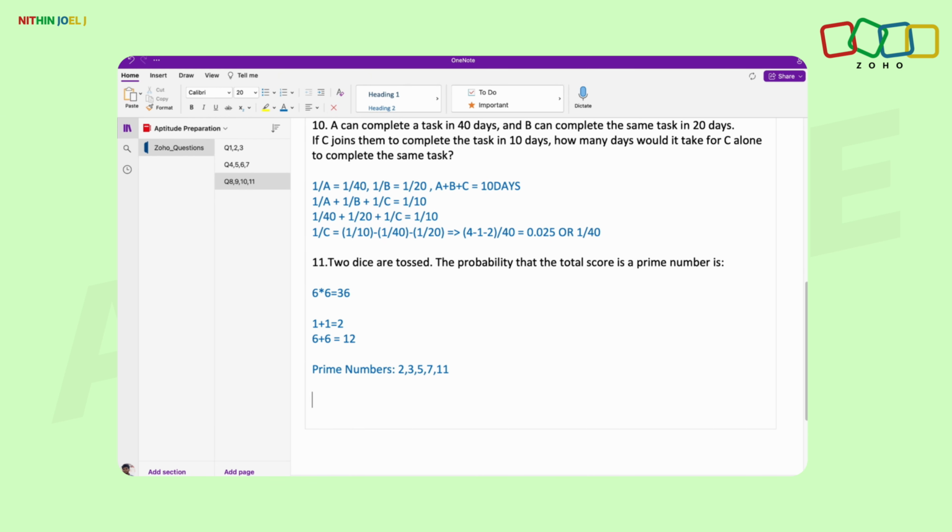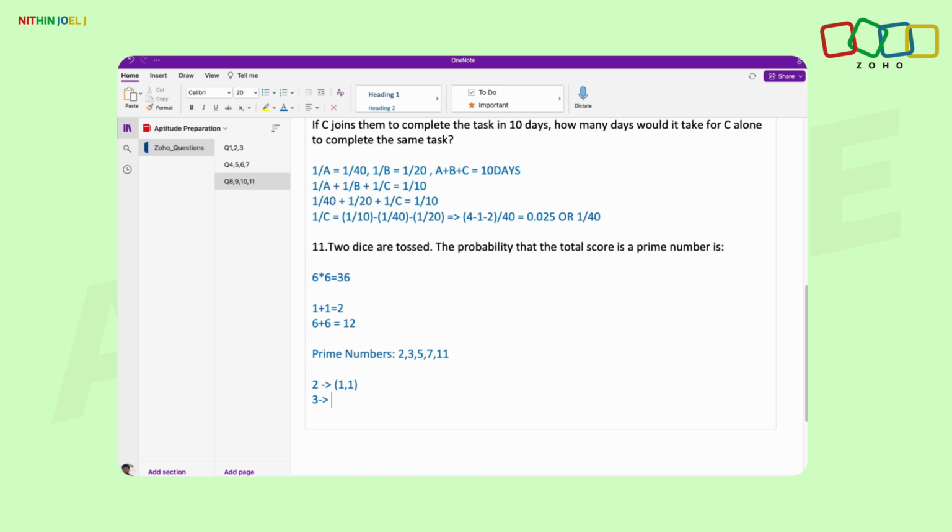So let's consider 2. So 2 can be found only if both the dice are 1, so 1, 1. Other options like 0, 2 or 2, 0 are not possible, since 0 doesn't exist in a dice. So 2 can be found with 2 dice only as 1 and 1. Let's go for 3. So 3 can be found by 1, 2 and 2, 1.